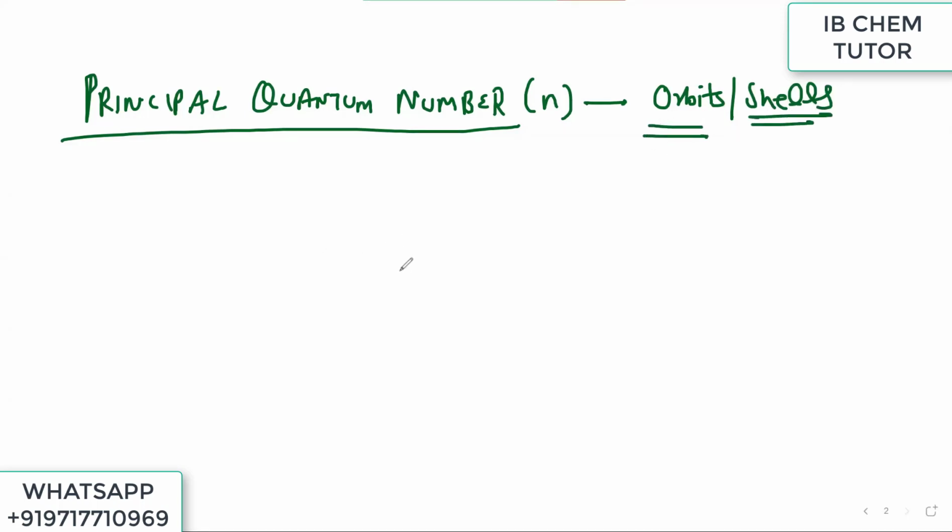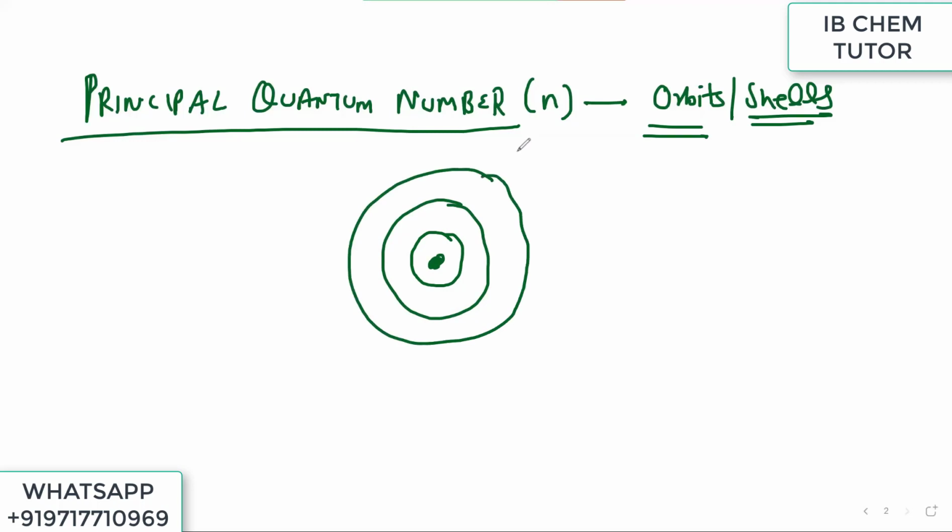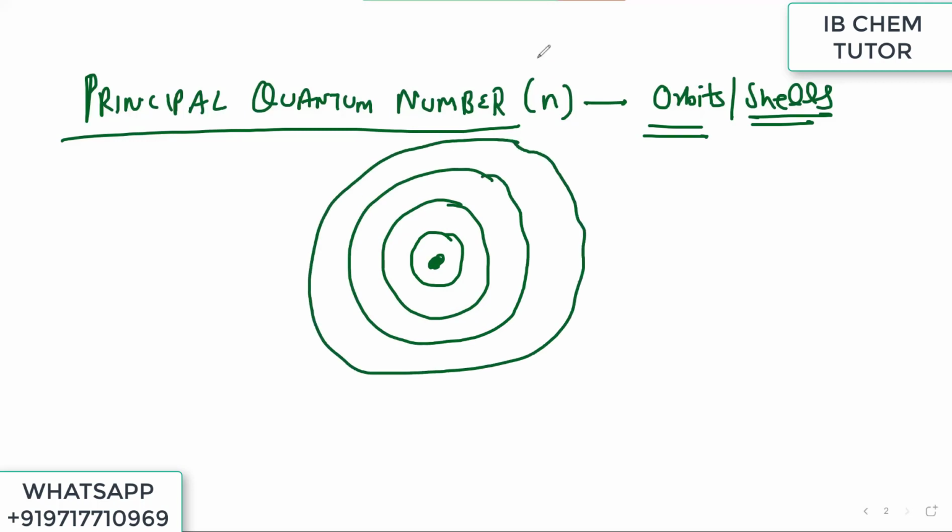Okay. In lower classes, you have studied that we have an atom, in the center we have a nucleus, and then we have these orbits or shells like this. So if I want to mark it, this is n is equal to 1, n is equal to 2, n is equal to 3, n is equal to 4.